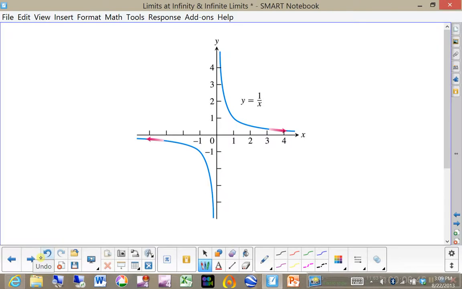Now, the first function we're going to look at is f of x equal 1 over x. The first thing you notice is that x equals 0 is a vertical asymptote.